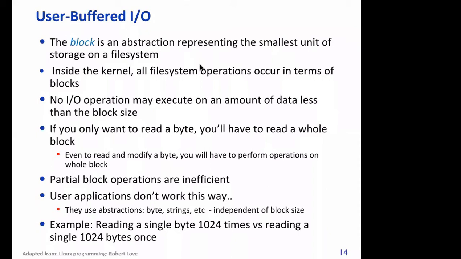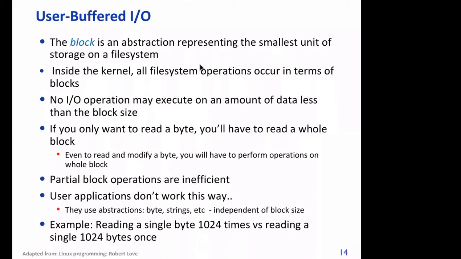So your abstraction is different, while the file system or the hard disk thinks only in terms of blocks, and the same is true for the OS. So you may want one byte, but the OS will get one block and do the manipulation on that. It's like you do a reading of one byte each time, 1024 times, one by one. So it will do 1024 block transfers if you use simple system calls. So it's very expensive.